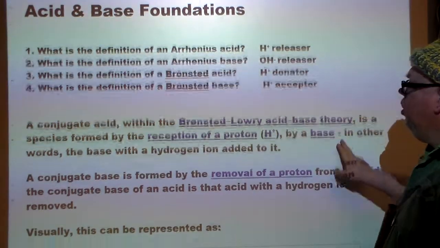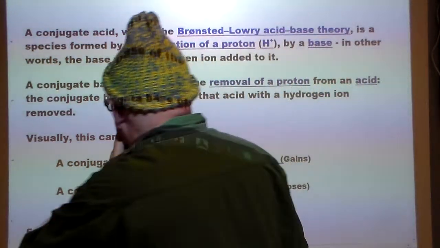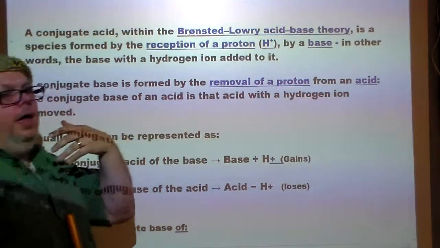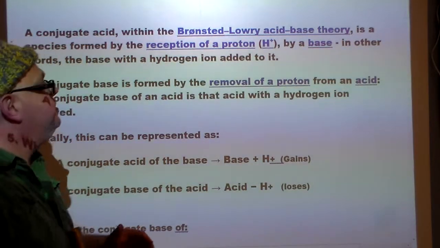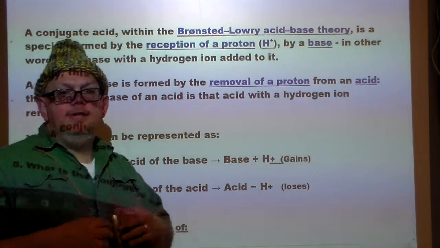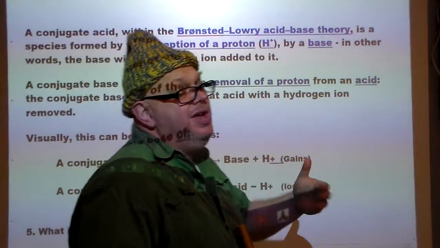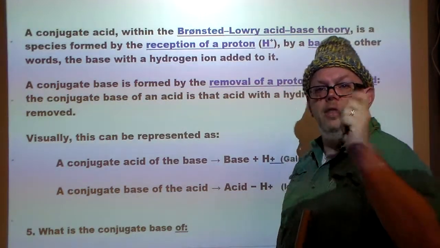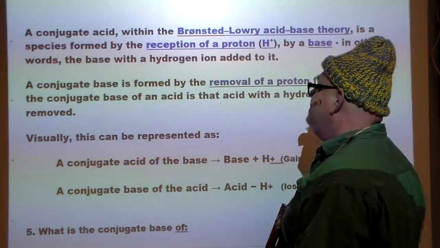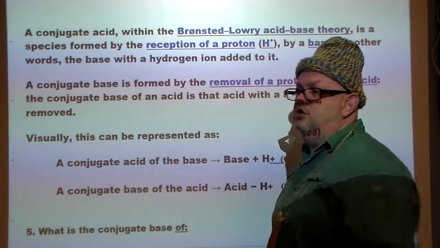Now, we need to talk about conjugate acid and conjugate base, because in any chemistry equation we're going to need to understand that acids, when they donate their hydrogens, get picked up by something on the other side, in the product. Bases, on the other hand, are going to receive hydrogens.